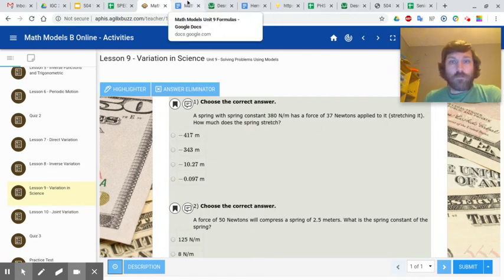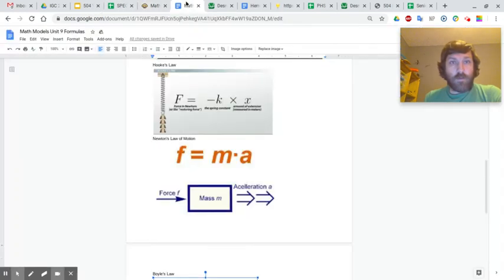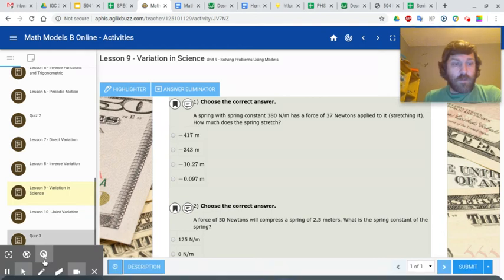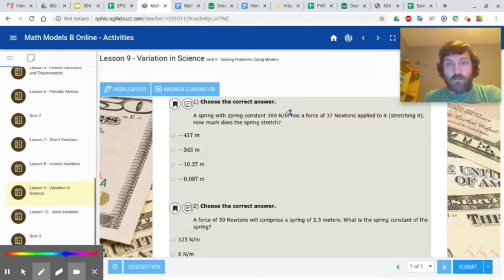So in this formula, we have F, which is the force, K, which is the constant, and X, which is the extension length. In our problem, we have the spring constant, which is our K, and then we have our force, and we are looking for the X. We are looking for how much it's being extended.